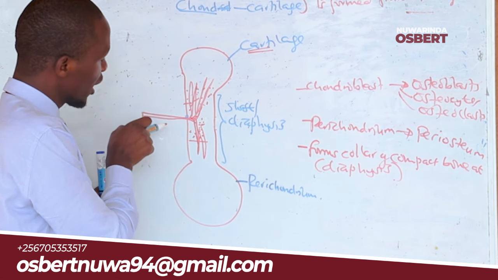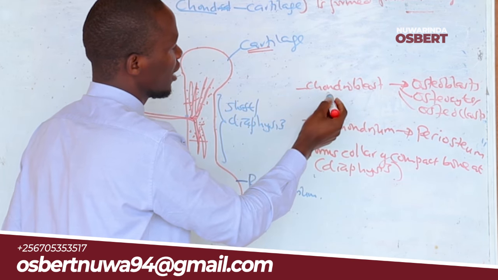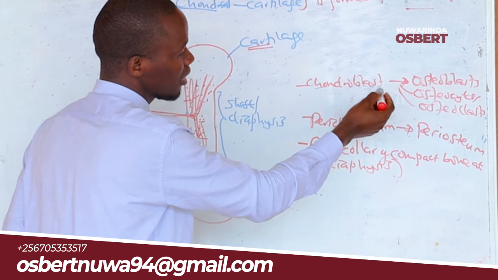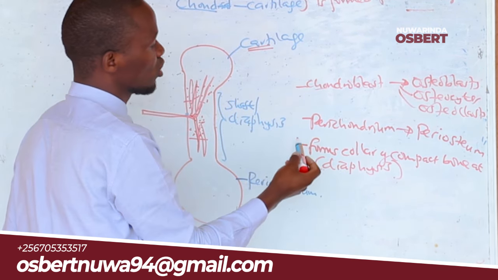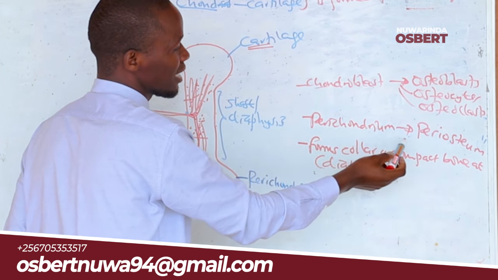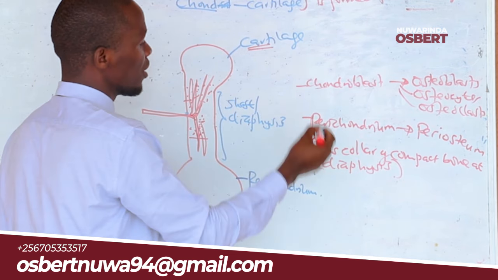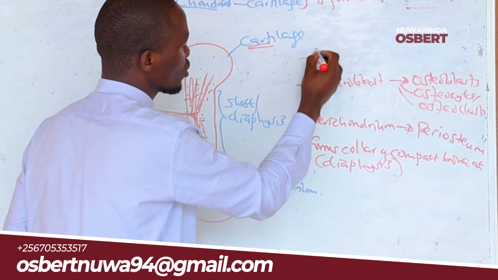So we are saying that entry of blood vessels within the diaphysis stimulates the chondroblasts to turn into all these ones. It also causes the perichondrium to now be referred to as the periosteum. And at this point here, there is also deposition.